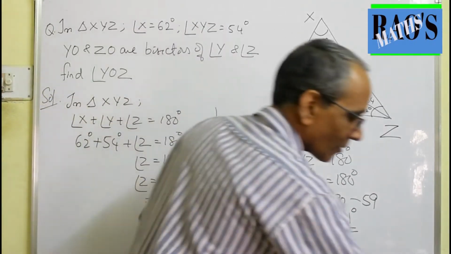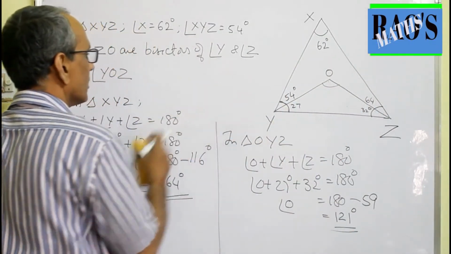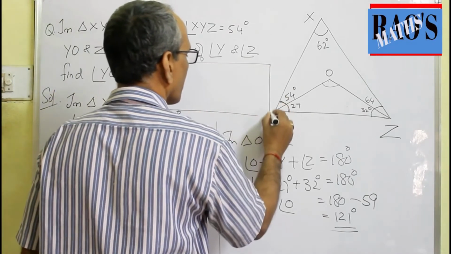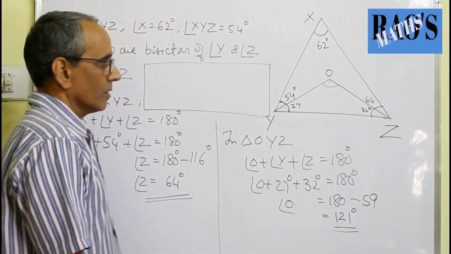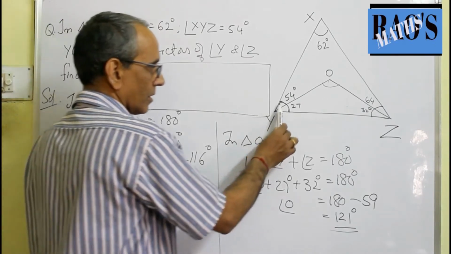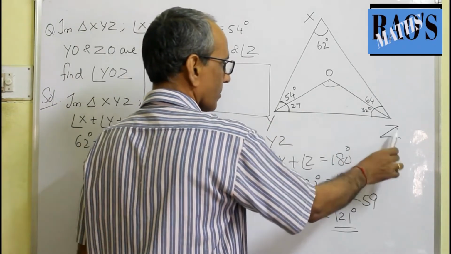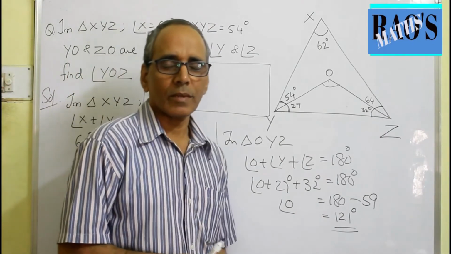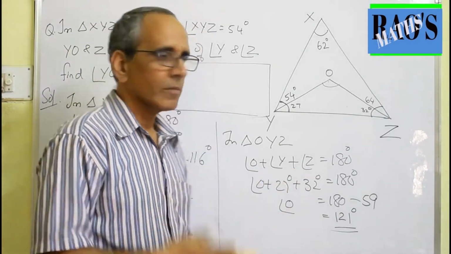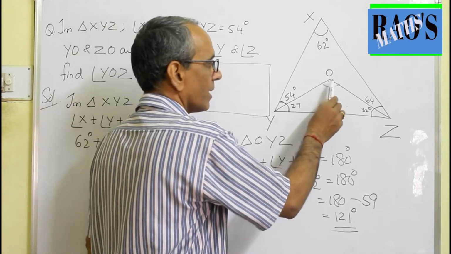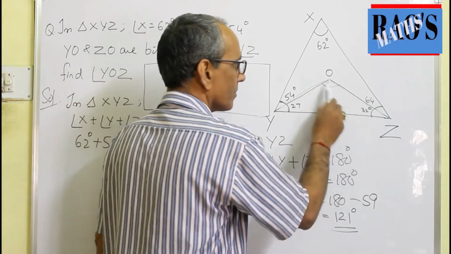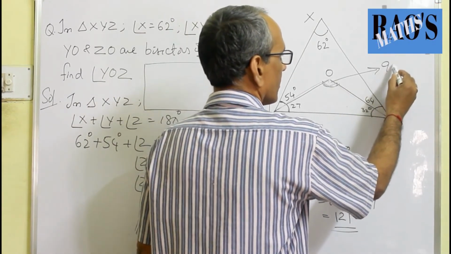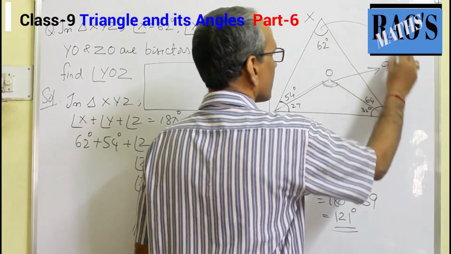But we have a formula already. That formula I remind now. I use this place to remind what we learned in the previous video. The base angles are bisected. Whenever in any triangle the base angles are bisected, and we are asked about the angle formed by the bisectors of the angles, this is always 90 plus half of the vertical angle.